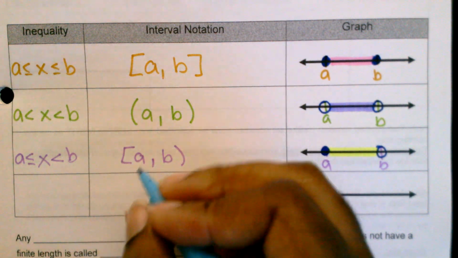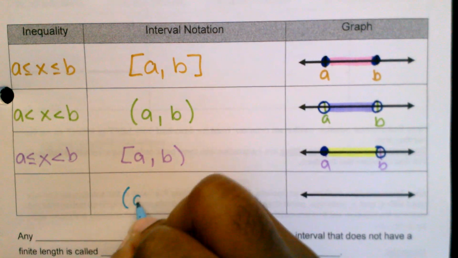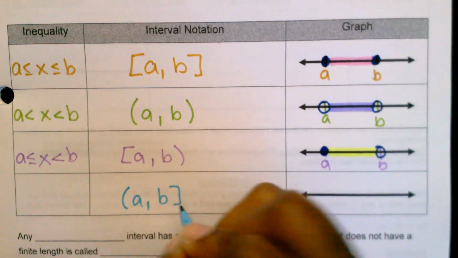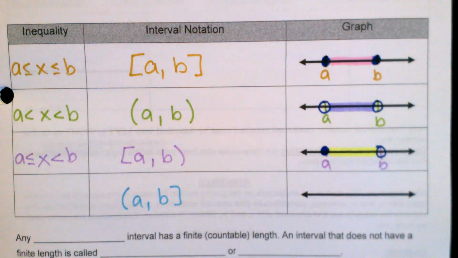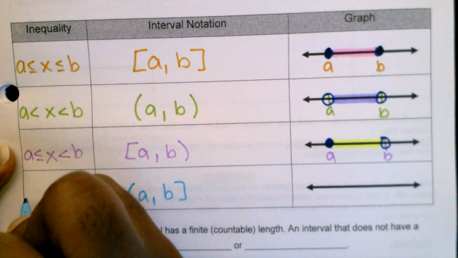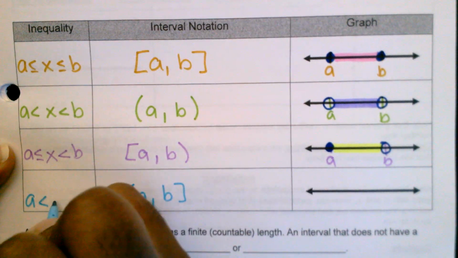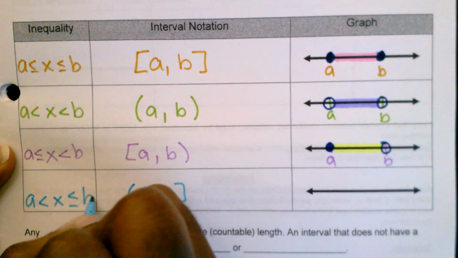So the last one is an open, closed. We have open parenthesis A, B, then a closed bracket. So that means my inequality is A less than X less than or equal to B.